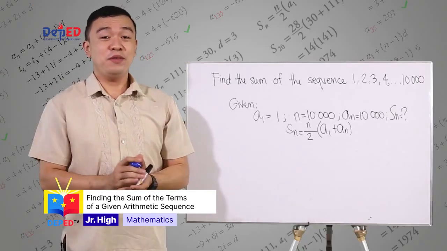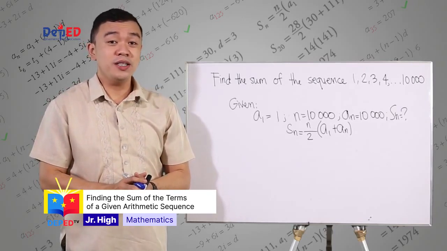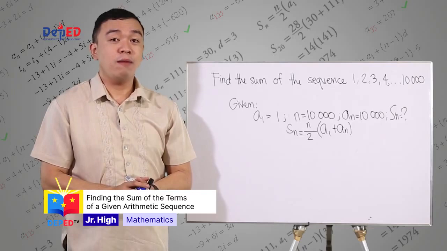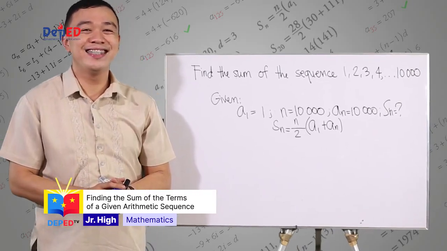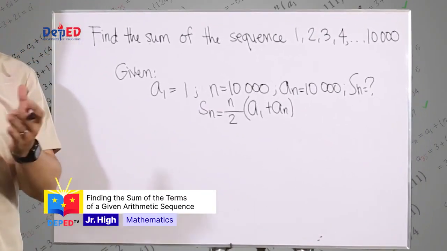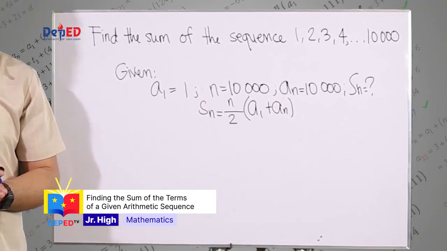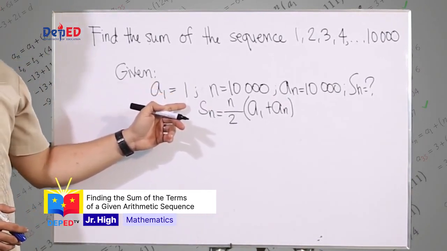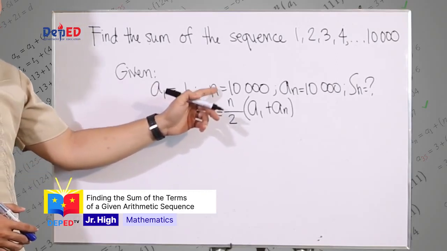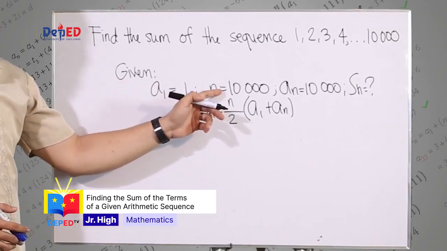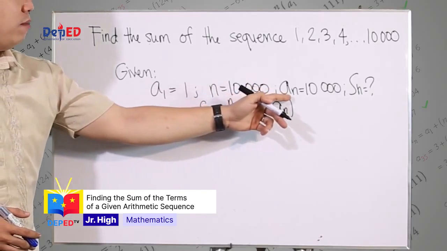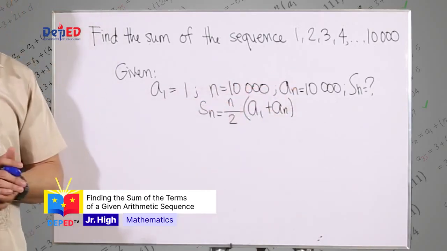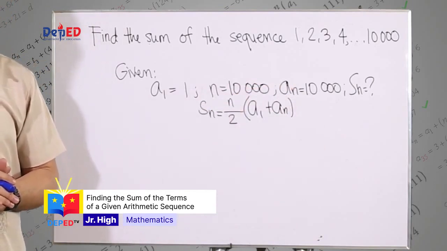Find the sum of the sequence 1, 2, 3, 4, up to 10,000. From the sequence, we can notice that the given a sub 1 or first term is equal to 1. Our n is equal to 10,000. Our a sub n is equal to 10,000, and we are looking for S sub n.